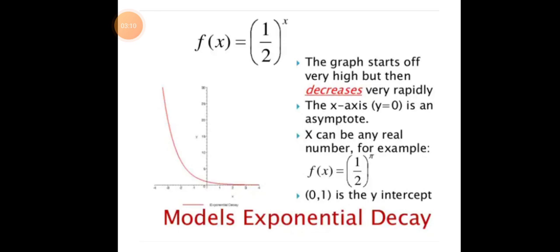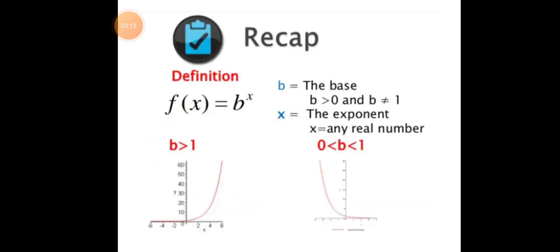So (0, 1) is the y-intercept. Then we recap. The definition: f(x) equals b to the power of x, where the base b is greater than 0 and b is not equal to 1, and the exponent x is any real number.